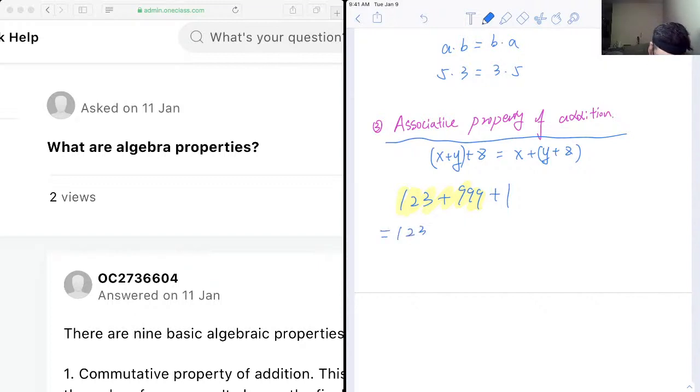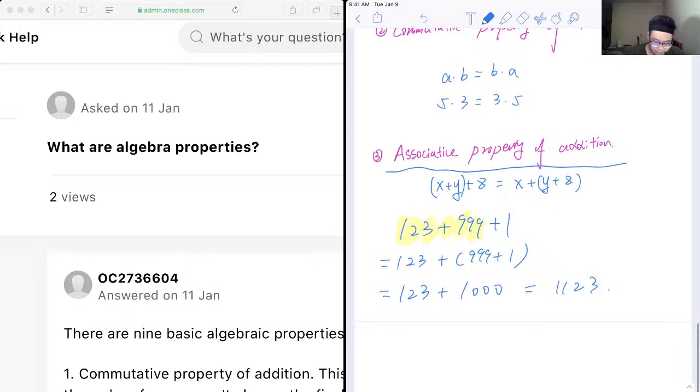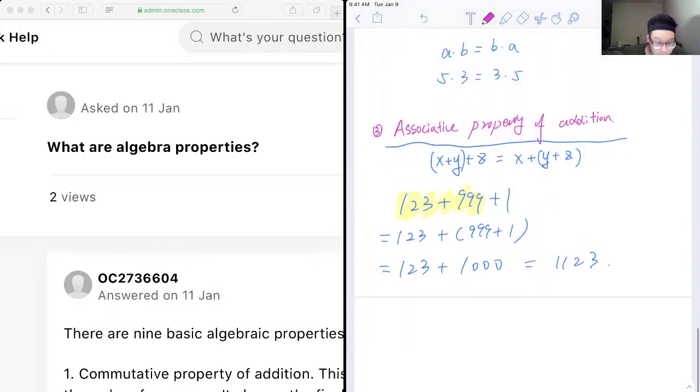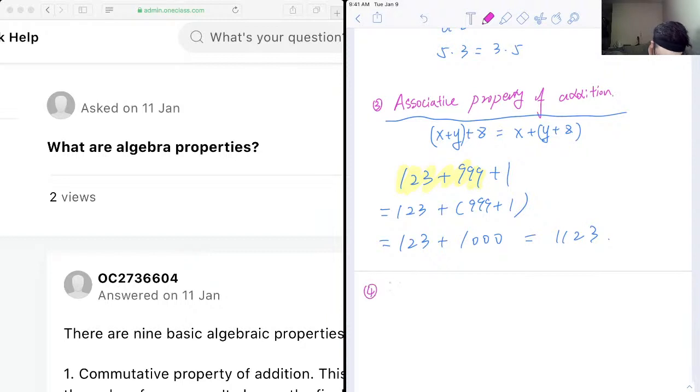So we have 123 plus 999 plus 1, which becomes 123 plus 1000, which gives us 1123. So that's how we use the associative property of addition. And similarly, there is also the associative property of multiplication.